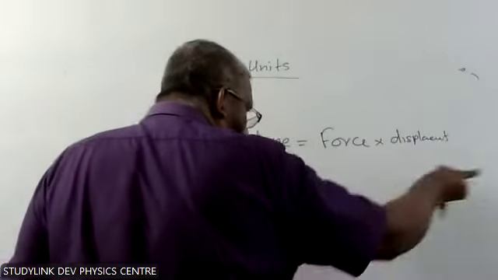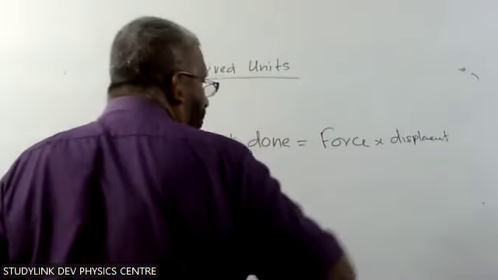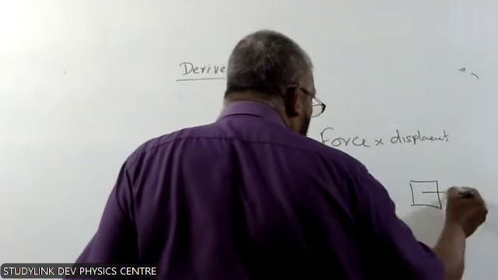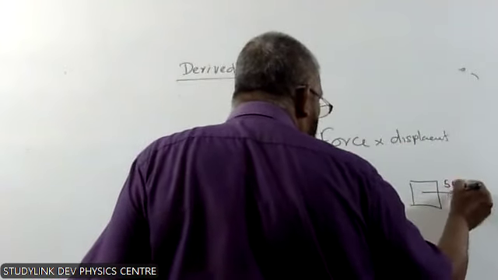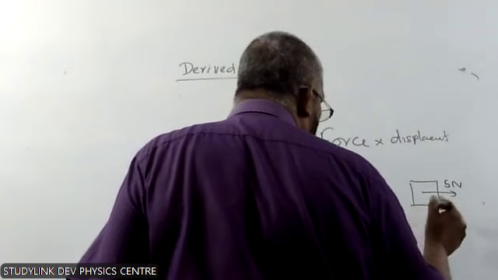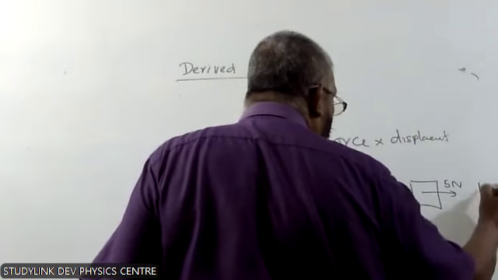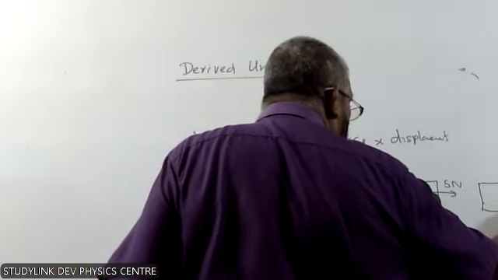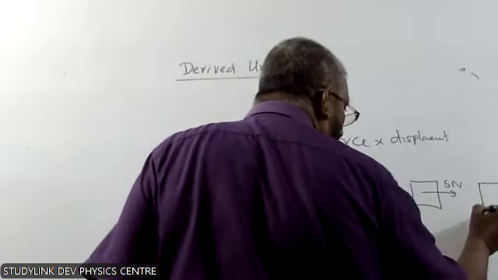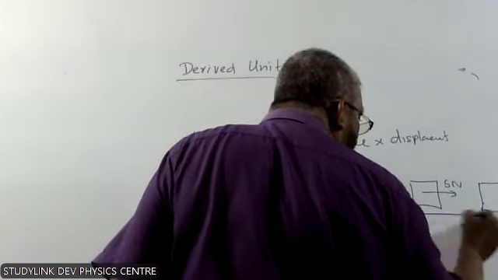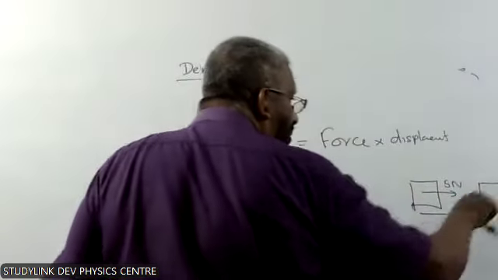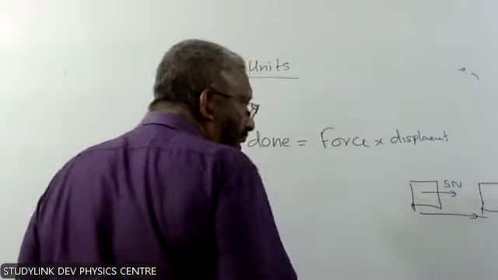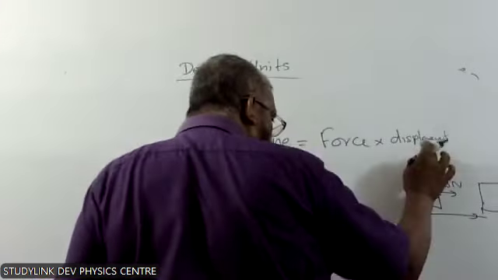The distance towards the same direction of the force. That means here you applied 5 newtons on this. One particular place it's here. After a certain time it is there. Then this displacement travels towards the same direction as the force. Force is towards this direction. Displacement is also measured in that direction. Therefore, it is a vector.